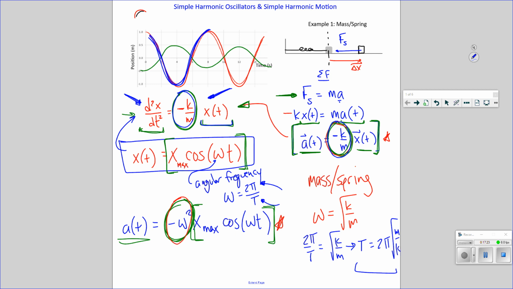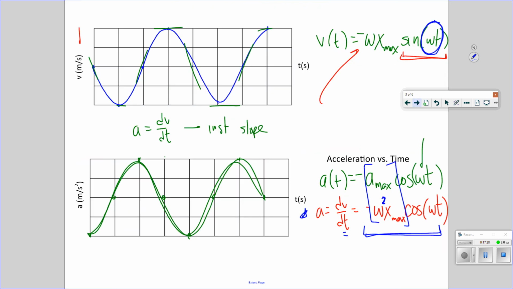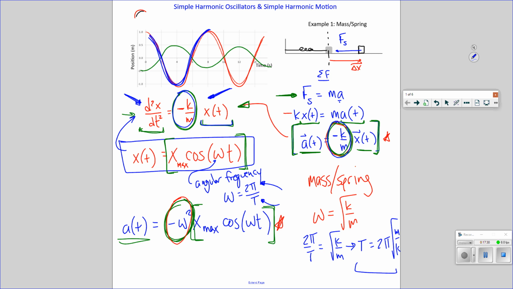And then we derived what the velocity and therefore acceleration of this system is, and showed specifically that, yeah, look, these two things do relate.